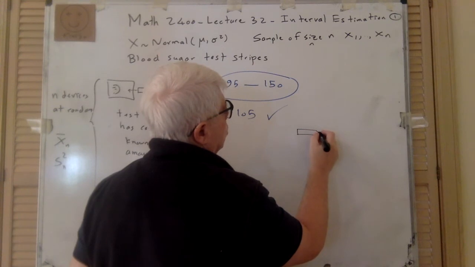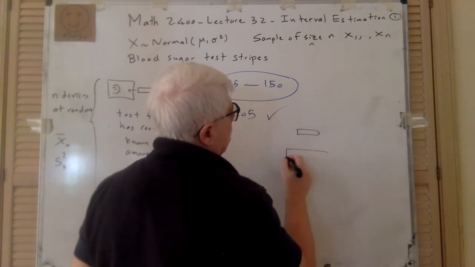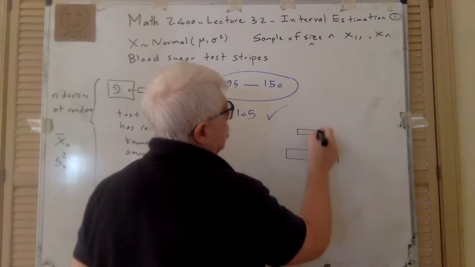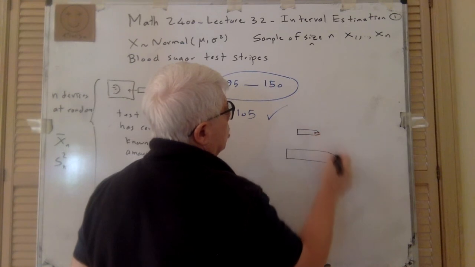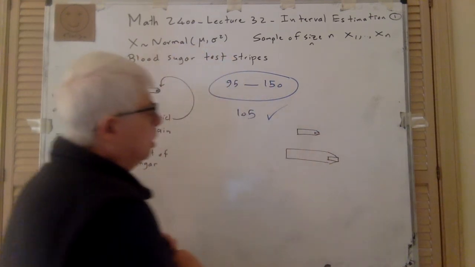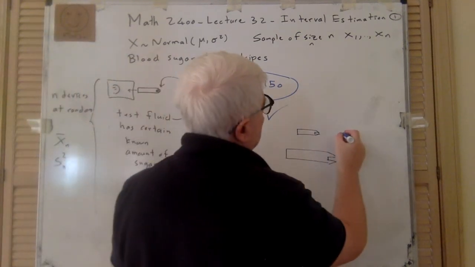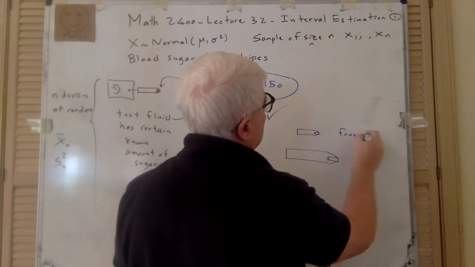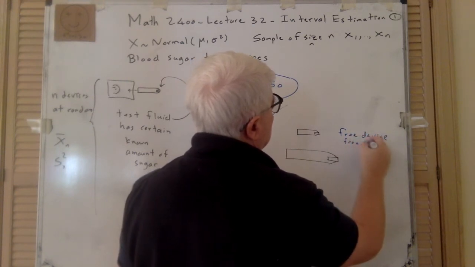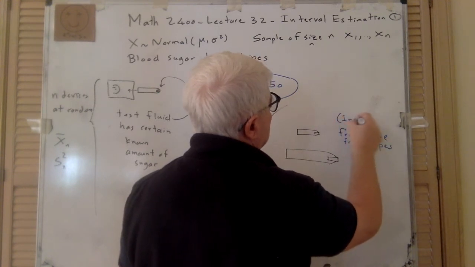Then there was another device, and the stripe was like this. So this one has this much area, this one has this much area. This is the free device with free stripes. In fact, insurance pays.